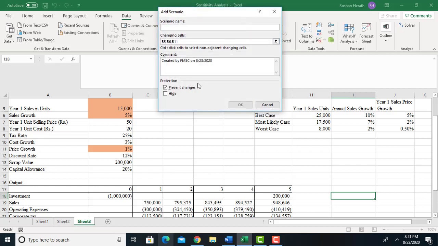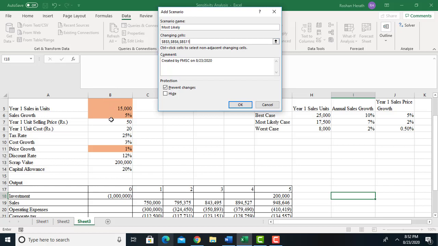Now you can go to the second scenario. We call it the most likely scenario. Then you can see that the inputs have already been taken. If you wish, you can make them constant. So it's better that you make them constant.